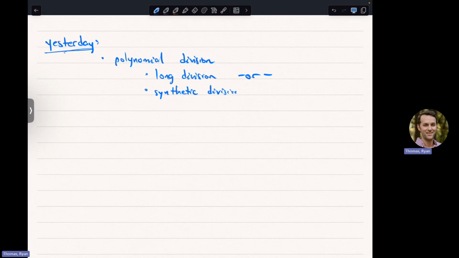Again, long division is a little more general and can be used to do more stuff. But synthetic division, which only works for linear factors, will pretty much take care of everything that we need it for. So if you like one of those better, then stick with that.